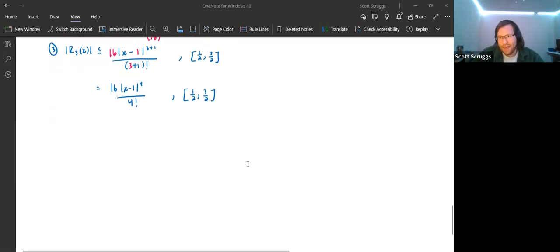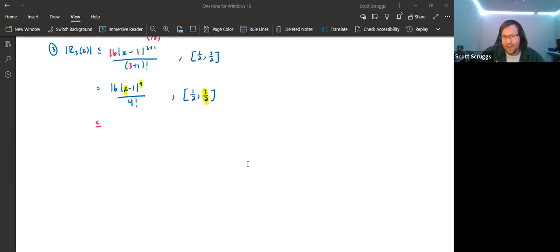As mentioned in the previous problem, I don't like the fact that I have an x here because that's not fixed. I want to get rid of that x. The way we get rid of that is to note that the absolute value raised to some exponent will always be an increasing function, which means anything in that numerator is going to be less than or equal to what I get if I plug in the right endpoint of 3/2.